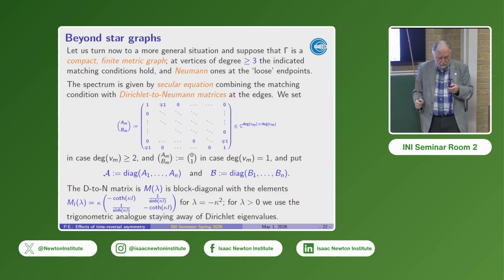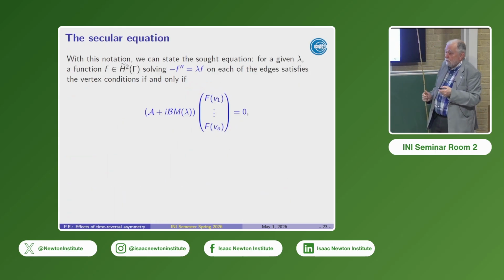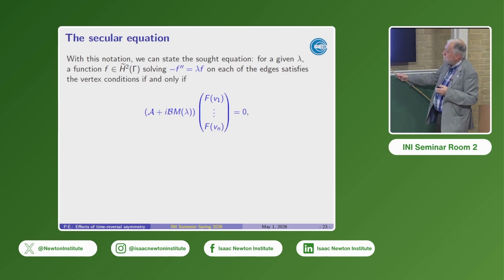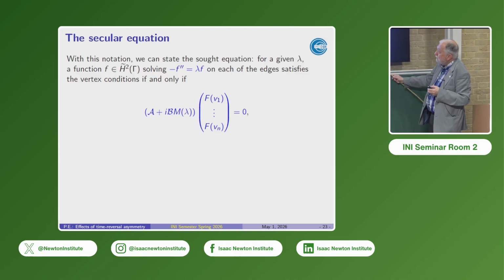So if I put it now together, I will find that the spectral condition for such a graph is in this form. These are these big matrices. Here is the M, which is again the block diagonal matrix of these transfer matrices over edges, and these are the values at the vertices.